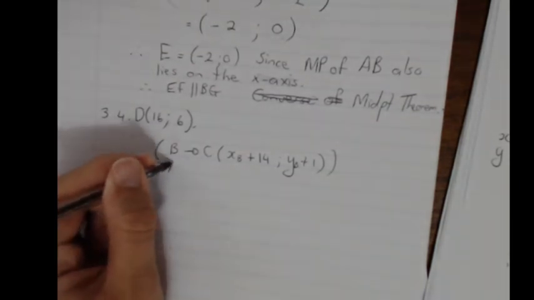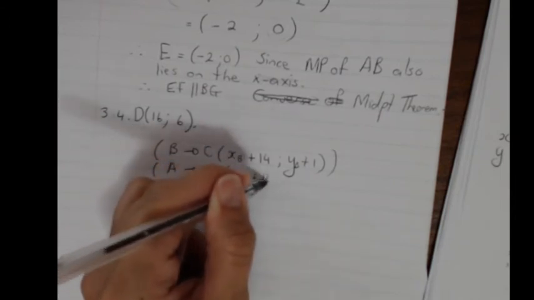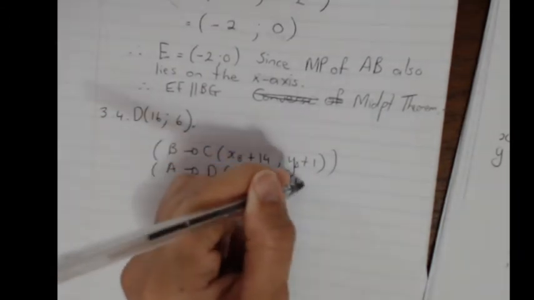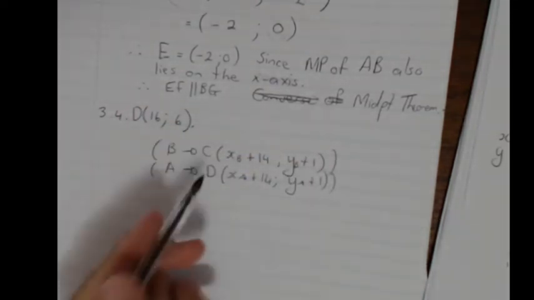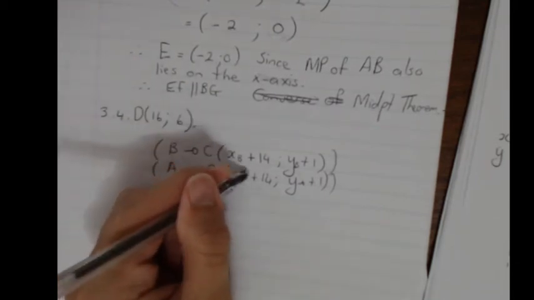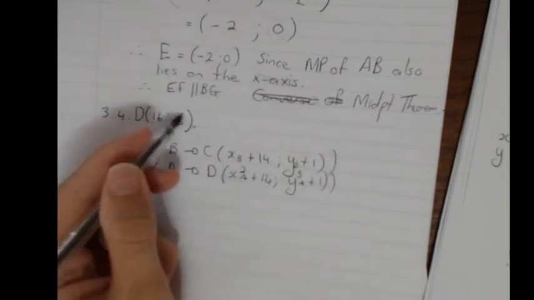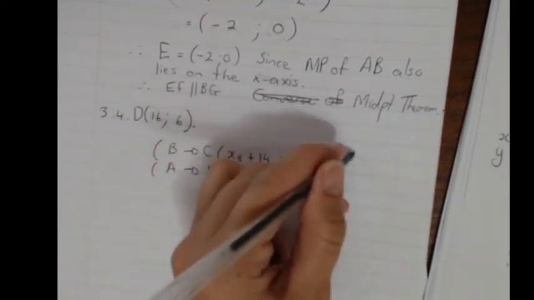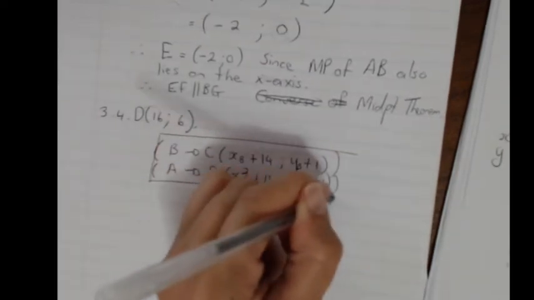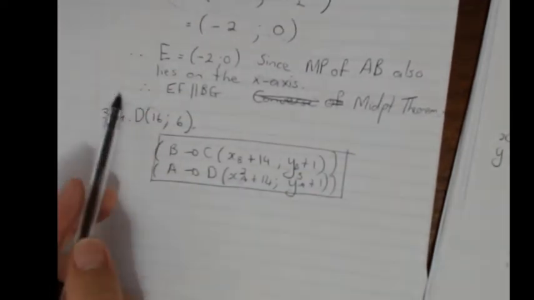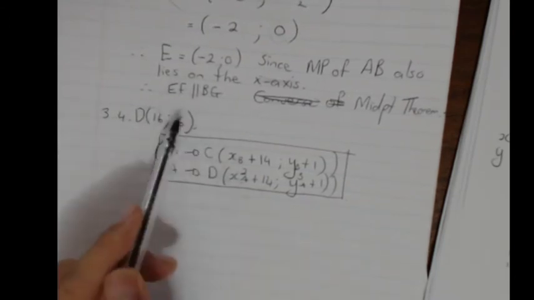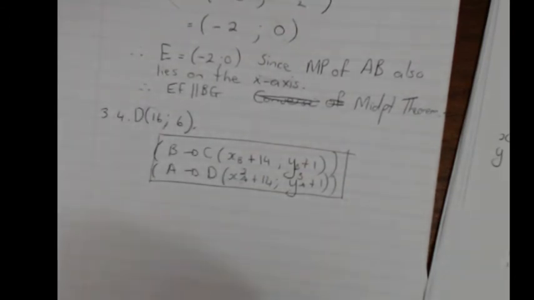So from A to D, I'm going to have XA plus 14 and YA plus 1. Right. So if you want to explain that, XA is going to be 2, so 2 plus 14 is 16, and YA is 5, 5 plus 1 is 6, which is where I got this. If you just want to show some work, because this counts 4 marks, well, I would accept that because you can actually do it like that.